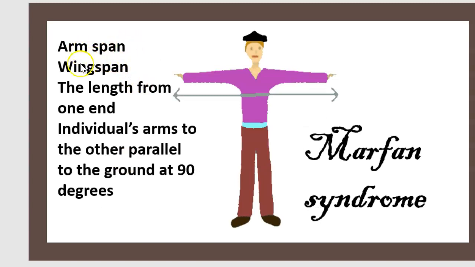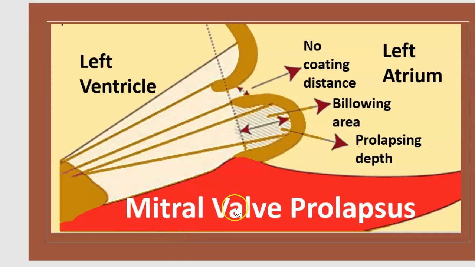Remember arm span, wingspan, the length from the end of one arm to the other, parallel to the ground at 90 degrees. Don't forget about mitral valve prolapse between left ventricle and left atrium. We appreciate the depth of the prolapse and no coaptation distance.